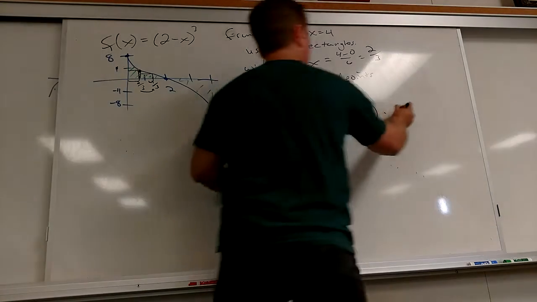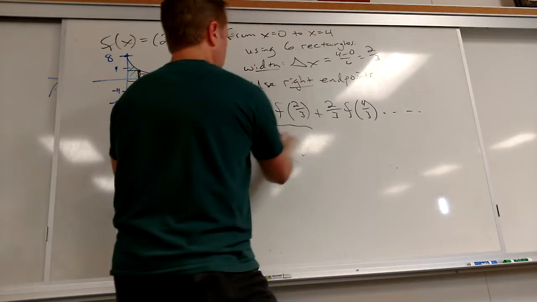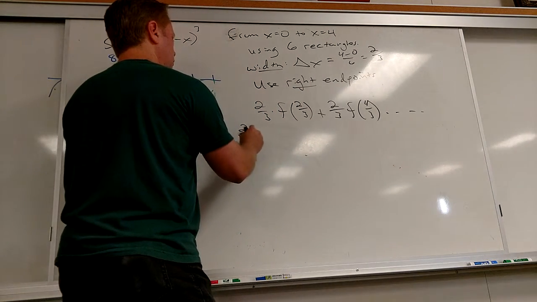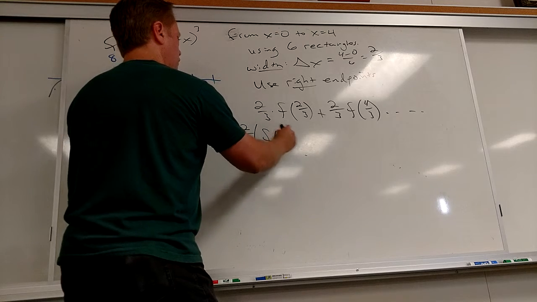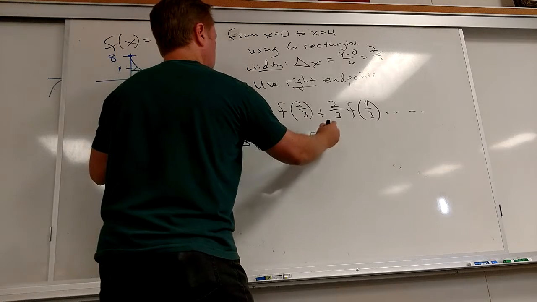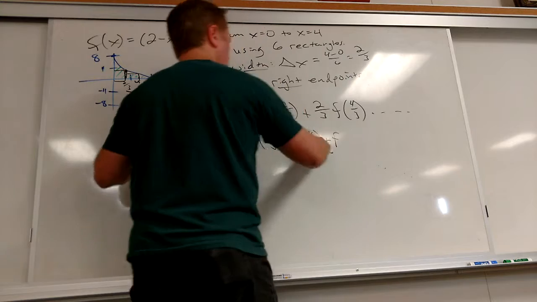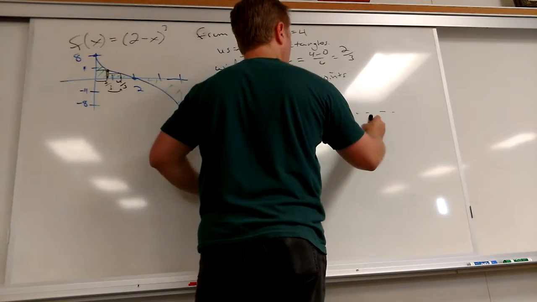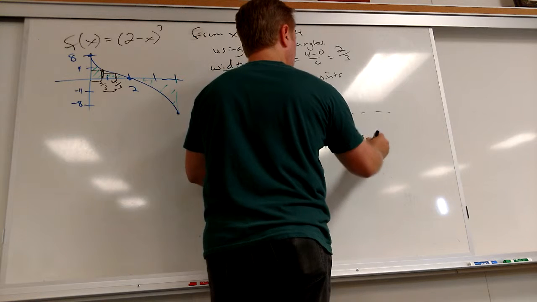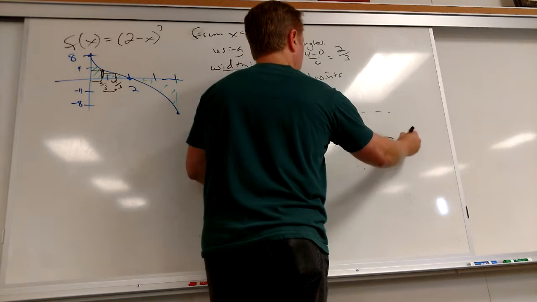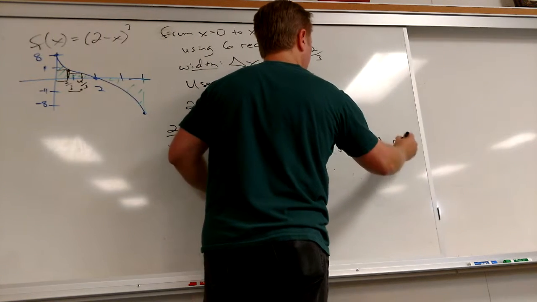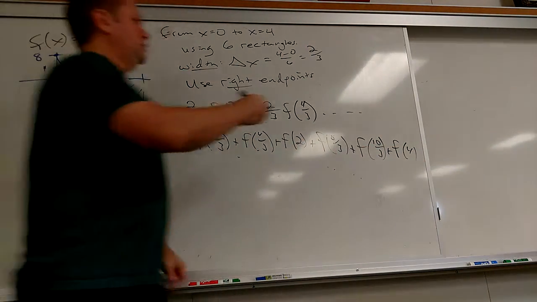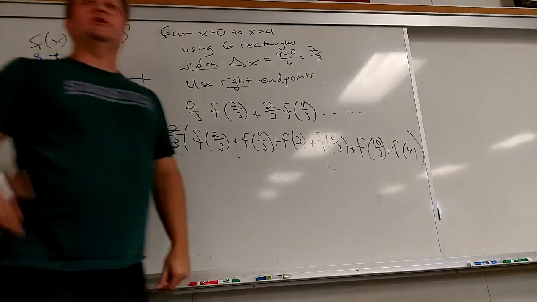So let me make this a little easier to look at. You guys realize this is what we did last time. I can factor a 2/3 out and just focus on this. Add 2/3, it's 6/3, which is 2. Add 2/3, I get 8/3. Add 2/3, I get 10/3. Add 2/3, I get 4. As 1, 2, 3, 4, 5, 6. Yay! We talked about that last time.